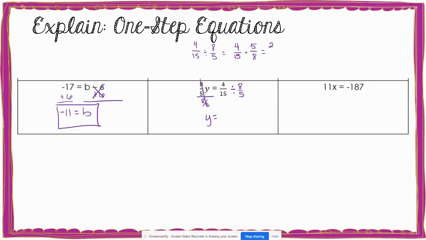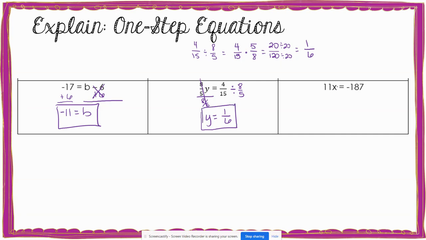Well, 4 times 5 is 20, and 15 times 8 is 120. Now, both of these can be divided by 20. So 20 divided by 20 is 1, and 120 divided by 20 is 6. So my solution would be 1/6.